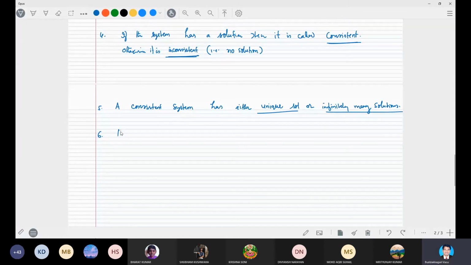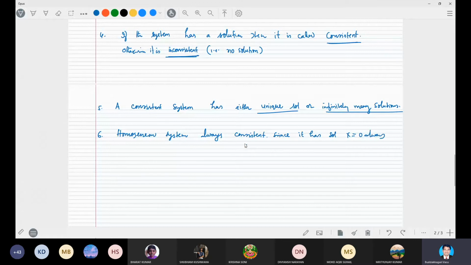The homogeneous system is always consistent since it has the solution x = 0 always.